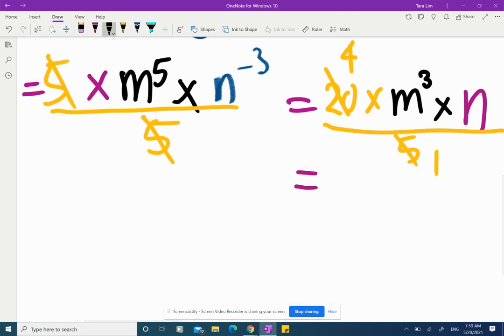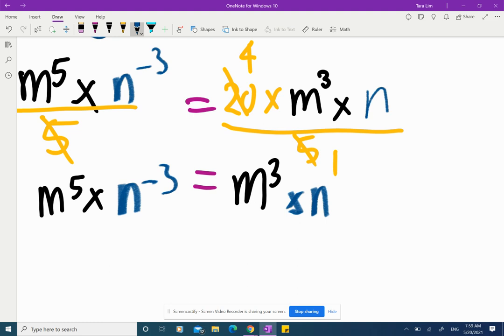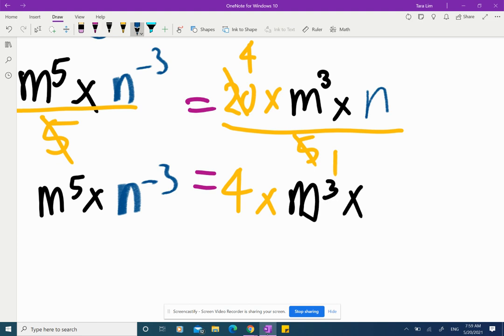So the new equation now is m to the power of 5 times n to the power negative 3 equals 4 times m to the power 3 times n.